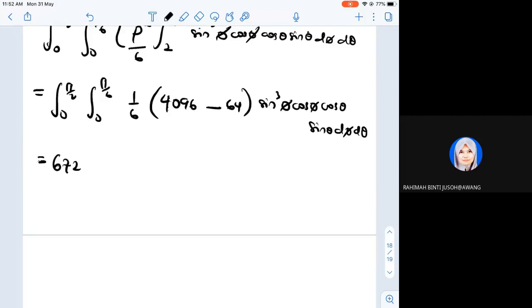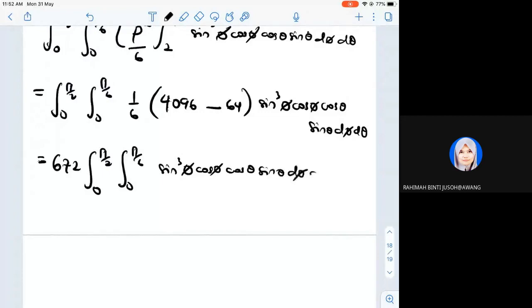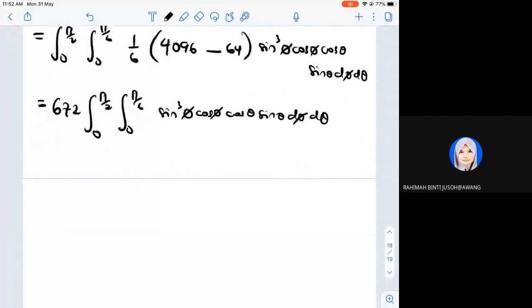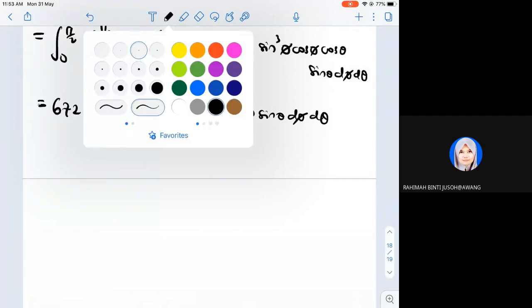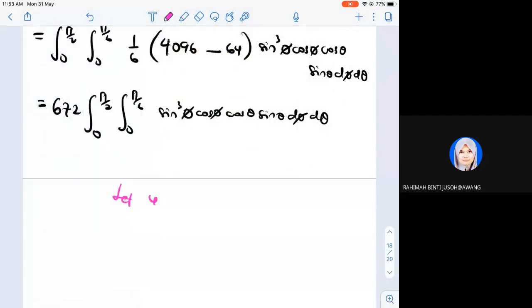672. Alright, well done. So, we proceed 0 until pi over 2, 0 until pi over 6. Sin cube phi cos phi cos theta sin theta d phi d theta. Okay, sin cube you can do substitution. We integrate with respect to phi first. So we will have let u equals sin phi. So differentiate u, we get cos phi d phi.